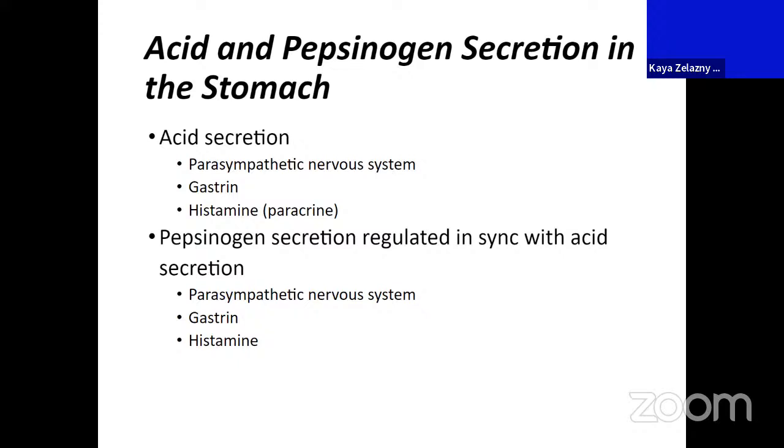So we're going to be sending signals to the stomach about acid secretion as well. We're going to see that acid secretion is under the control of the parasympathetic nervous system. It's also linked up with the secretion of gastrin, which is that hormone coming from the stomach, basically.